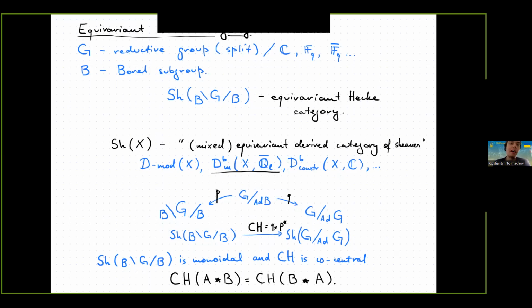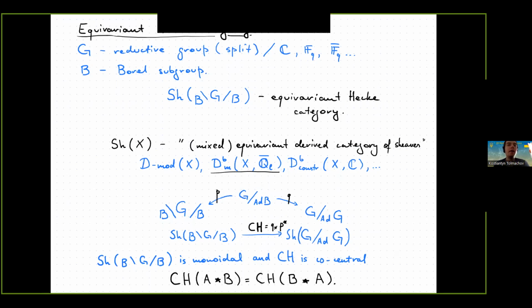So by the category of sheaves, I can mean, again, many different things. So this will be some sort of mixed equivariant derived category of sheaves on X, wherever the setting is available.